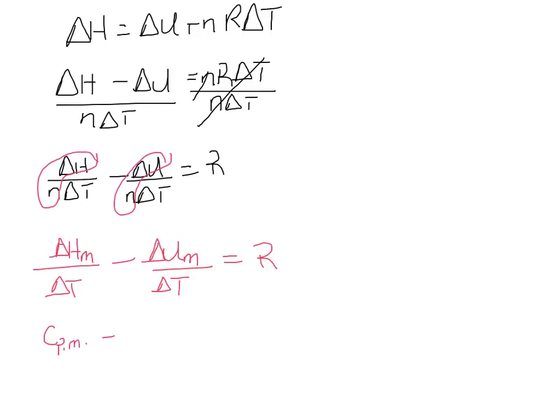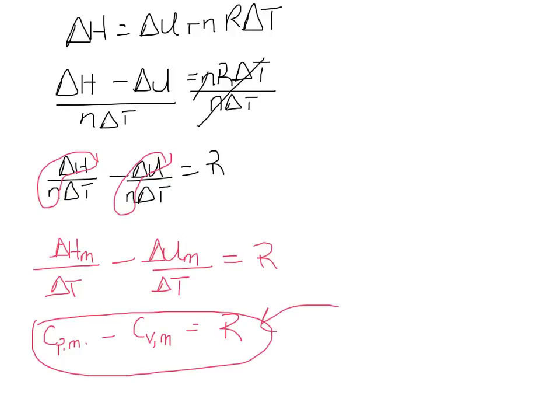And the internal energy per mole divided by delta T is the same thing as the constant volume molar heat capacity. And so basically, this gives us a final relationship, and if we know either the constant volume molar heat capacity or the constant pressure molar heat capacity, because we know the value of R, we can solve for the other. And remember, once again, that the value of R is 8.314 joules per Kelvin mole.